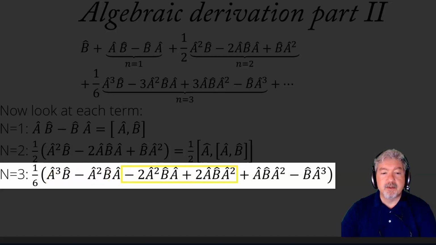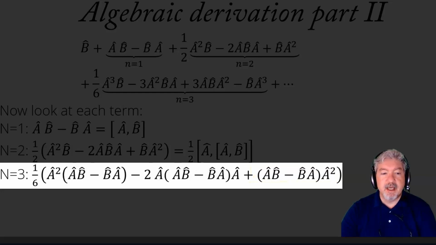I'm going to pull a factor of A out from the right and out from the left of the next 2 terms. And I'm going to pull a factor of A squared out from the right on the last 2 terms. And so you can see when we do that, we organize it in this fashion, and you can see in each case I get some nice commutators coming out after doing that factorization.